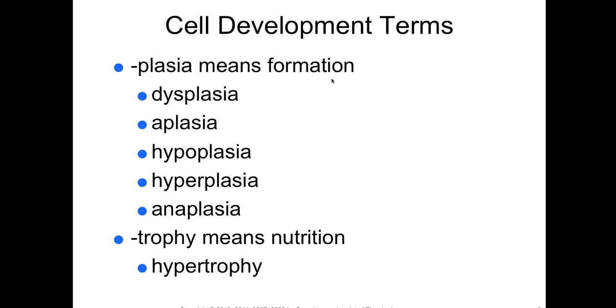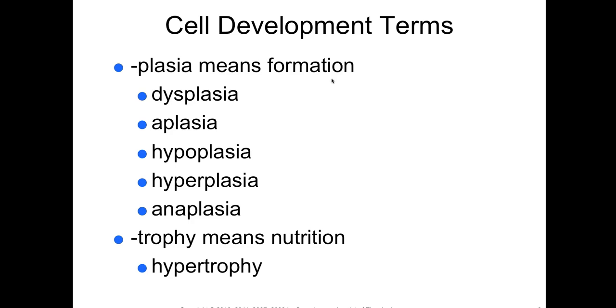So our cells, when we're first born, go through mitosis and are growing in number, but we want them to differentiate and become different things like bone cells or blood cells or muscle cells. And so that's what we mean by cell differentiation. So anaplasia is loss of that cell differentiation, and we have a reversal to more of a primitive form of cell.